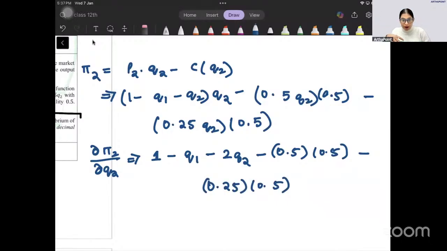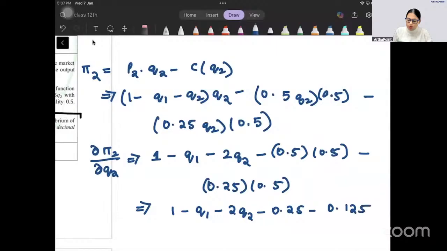According to firm 1, because it does not know firm 2's cost function, it took a cost and on that basis it derived the reaction curve. So this will come out to be 1 minus Q1 minus 2Q2 minus 0.25 minus 0.125 equal to 0.